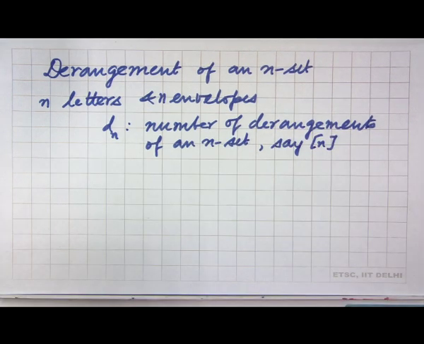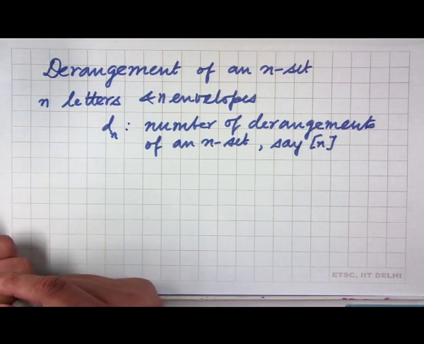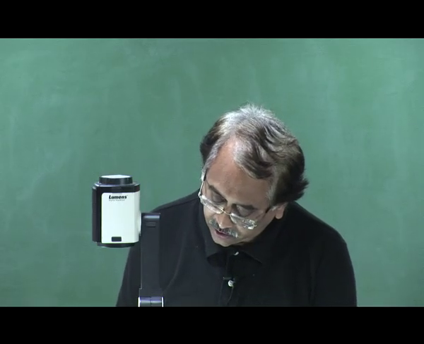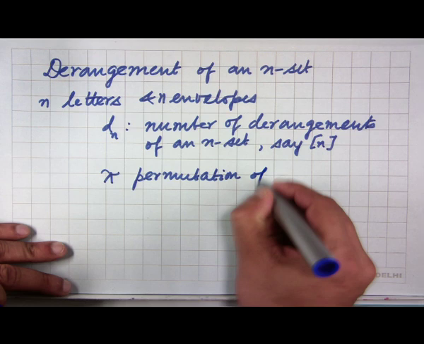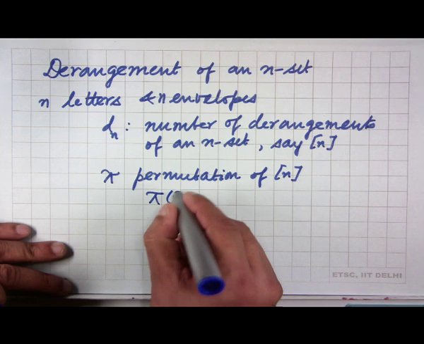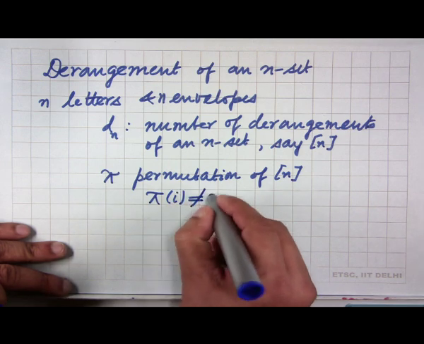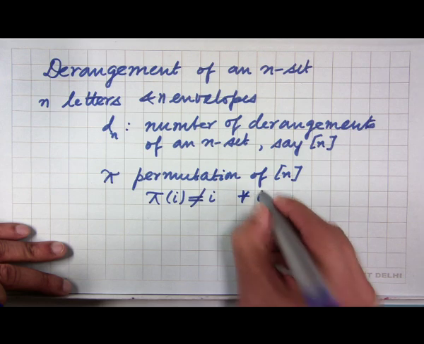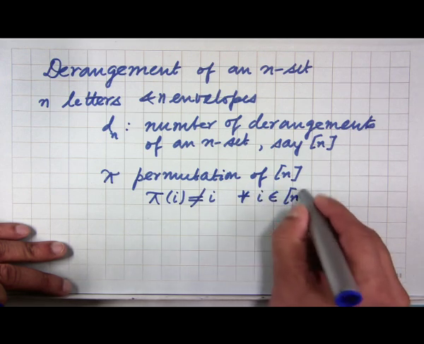And we're looking at the permutations of 1 to n, in which pi, which is a permutation of the set n, has the property that pi of any symbol i is not equal to i. And this is true for every i in the set 1 to n.